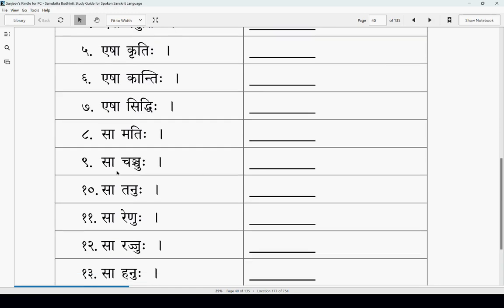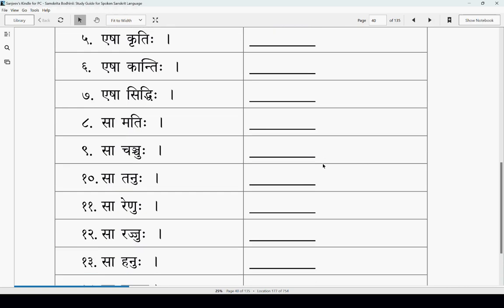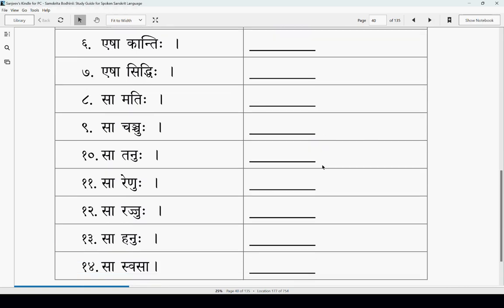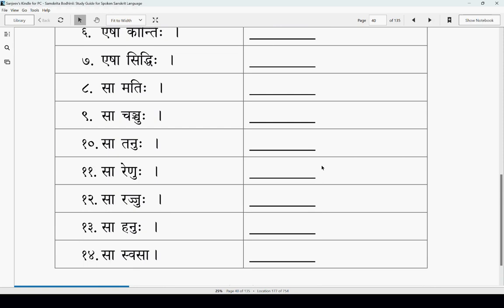Chanchu means beak. Sa Chanchu, that beak. Because Chanchu is Strilinga, we are using Sa. Then for Bahuvachana use Taha. Taha Chanchavaha, those beaks. Tanuhu, body. Sa Tanuhu, Taha Tanavaha. Renuhu, Renu means the dust particle.